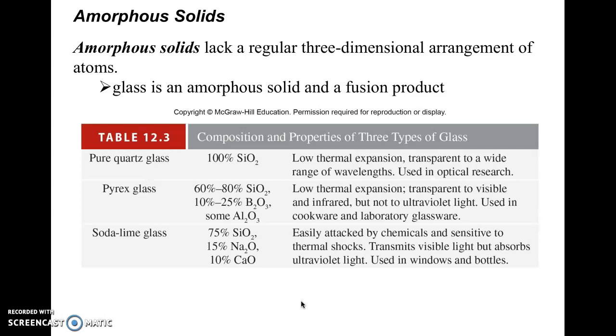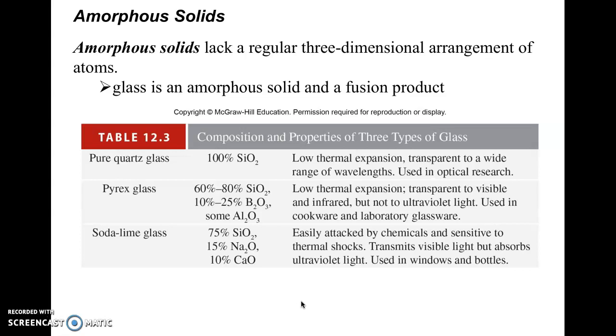Here are some examples of three different kinds of glass. Quartz glass is 100% silicon dioxide. Pyrex, which you can heat and cool, has some boron oxide and aluminum oxide in it.